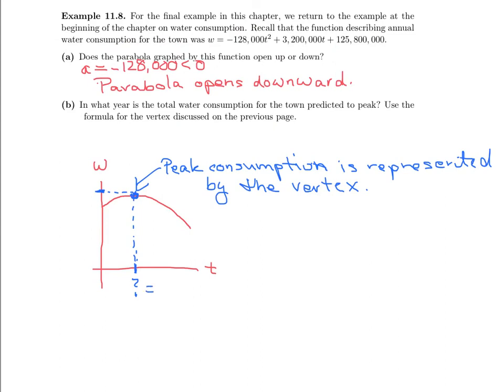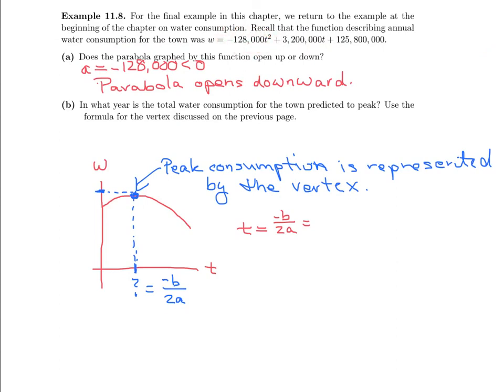But we can use our formula. We know that the vertex occurs at minus b over 2a. That would give us the horizontal component, or the first coordinate of the vertex. So let's use that here. So the time is minus b over 2a. For this quadratic function, b up above is 3,200,000 and a is negative 128,000.